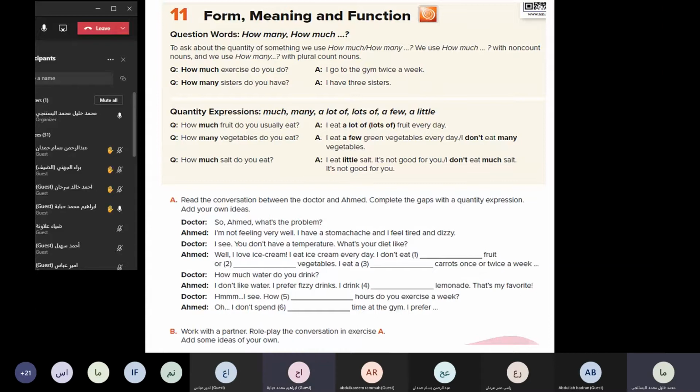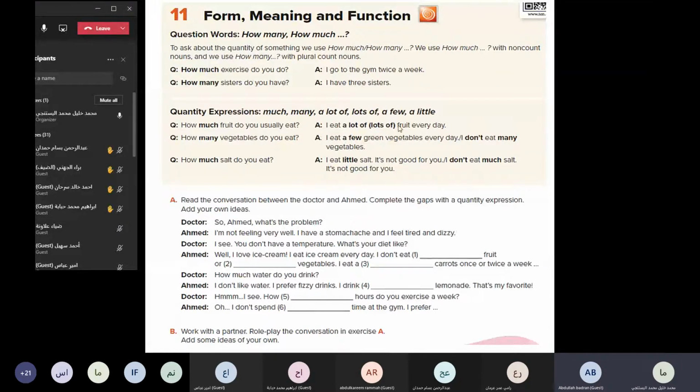A few? Uncountable. No, a few is used with plural countable nouns. I eat a few green vegetables. Look at the example. I eat a few green vegetables.